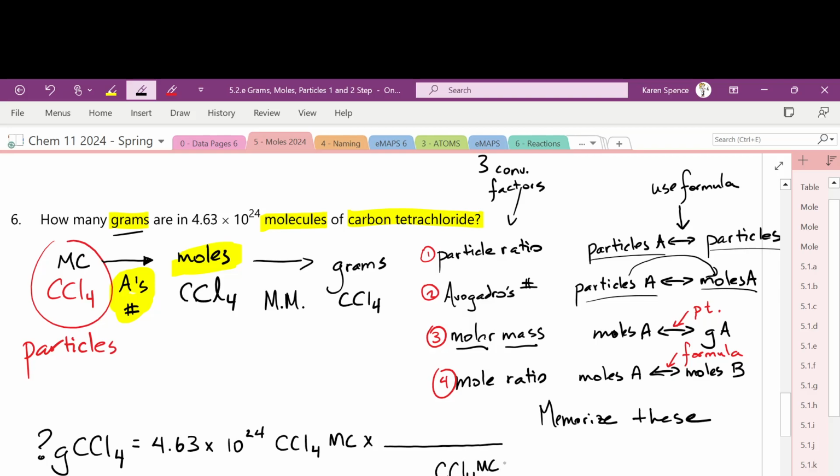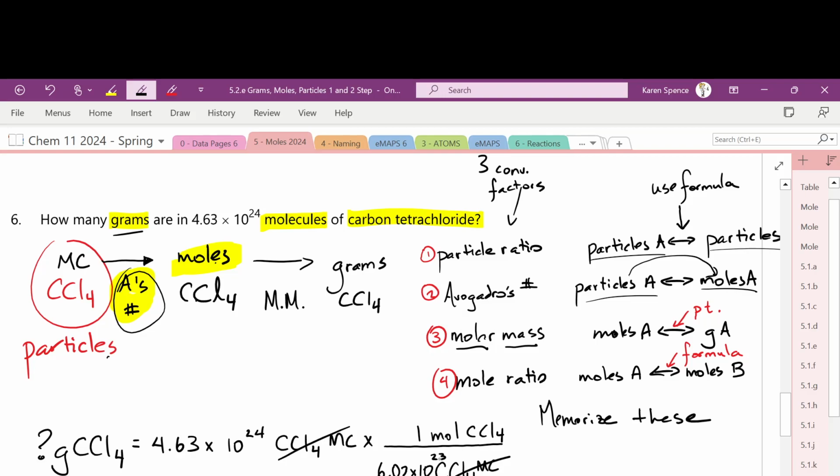CCl4 molecules, so that's particles. And on the top, what unit do we want? Moles of CCl4. And the 1 goes with the mole. Because we're converting between particles and moles, we use Avogadro's number, which is 6.02 times 10 to the 23.